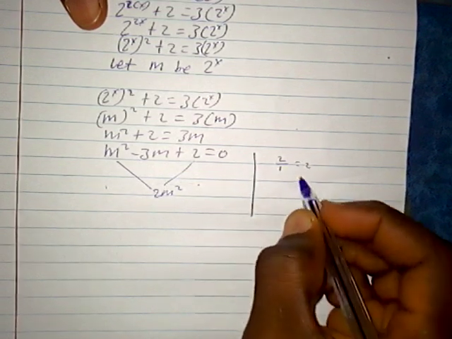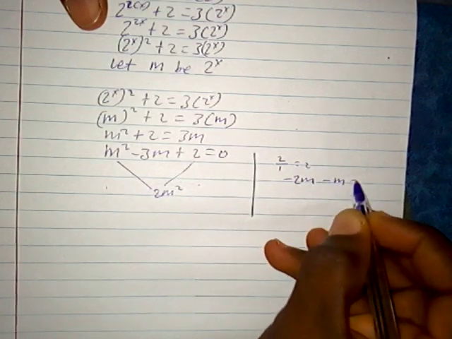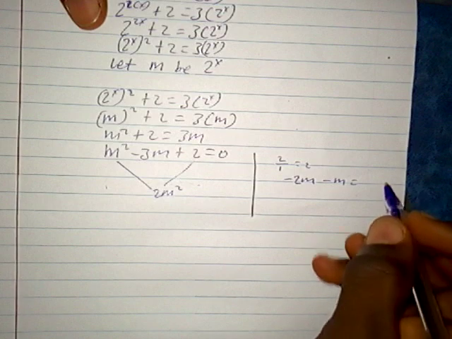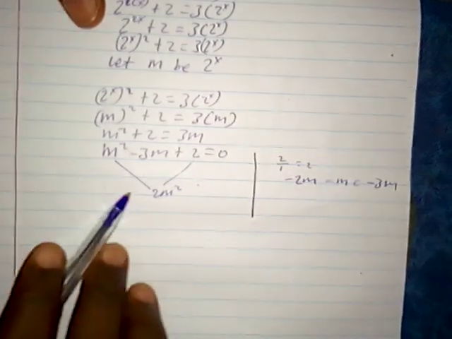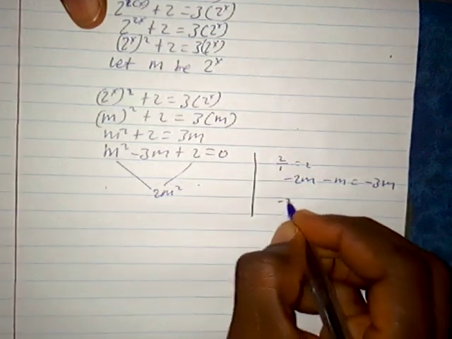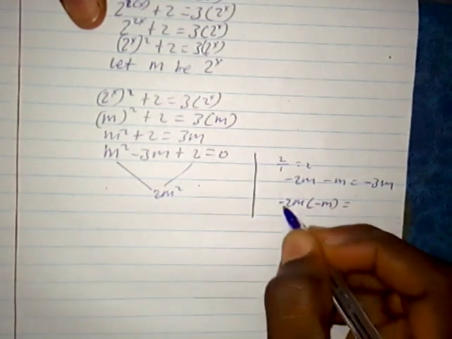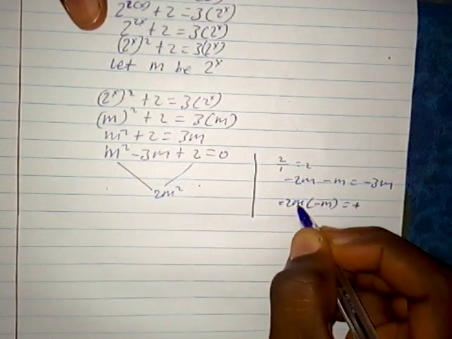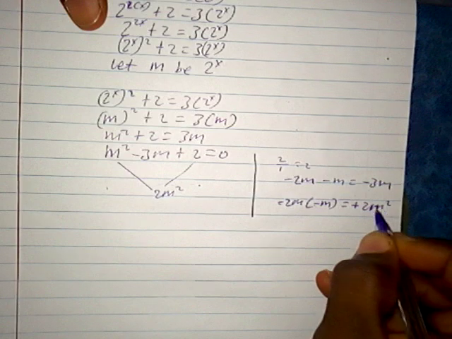So if we add minus 2m minus m, it equals what? Minus 3m. Now if we multiply minus 2m by minus m, what are we going to have? Minus times minus is plus, and 2m times m is 2m squared.